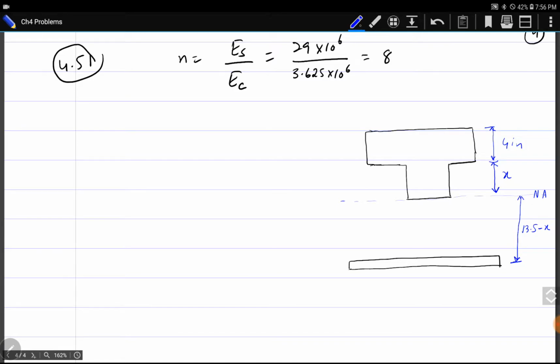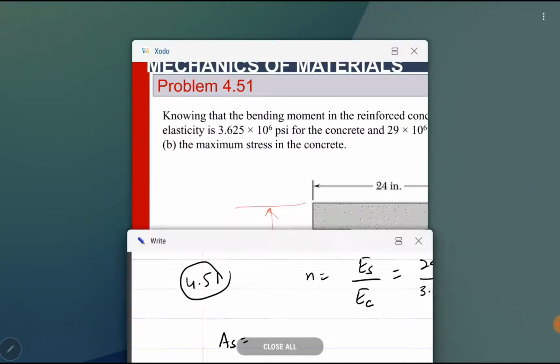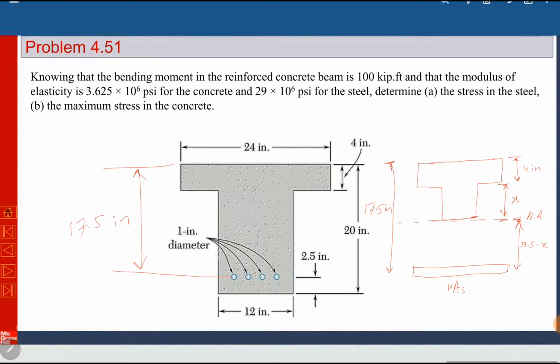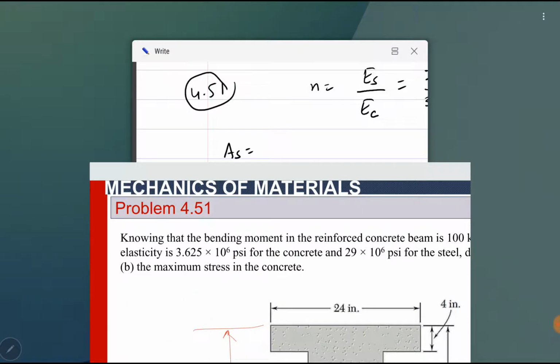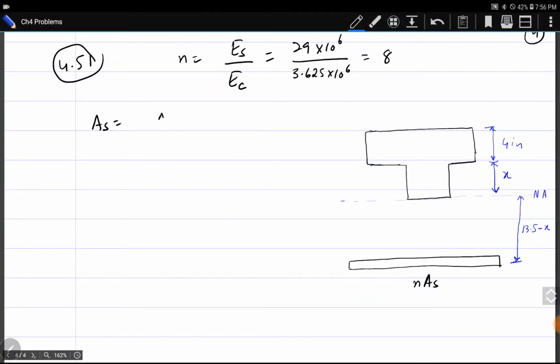Area of steel. Let us find area of steel. Area of steel is area of the single steel rod multiplied by number of rods. Single steel rod has a diameter of 1 inch. So we will find its area, pi by 4 into 1 square.